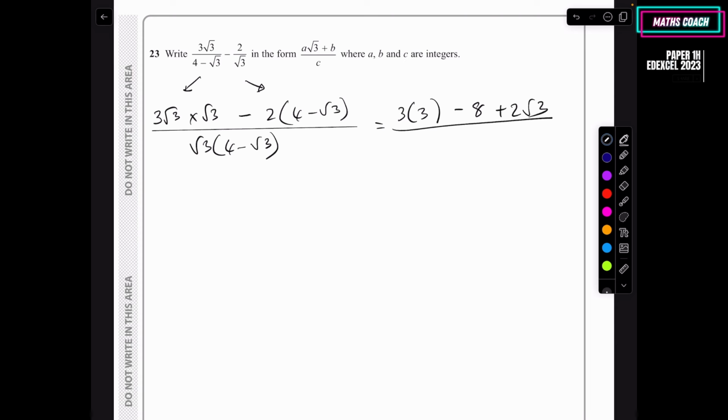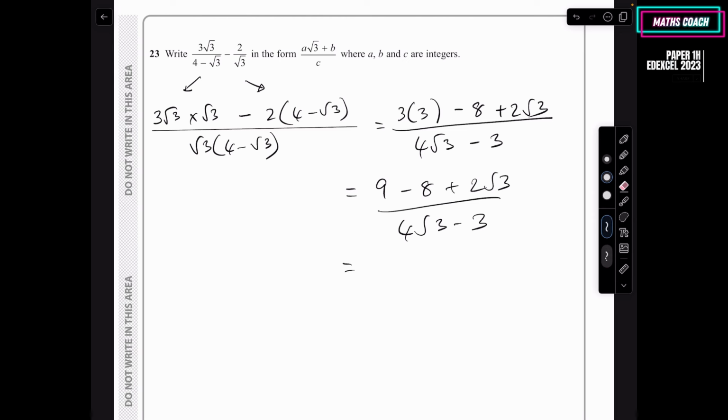On the bottom, we have 4 root 3 minus 3, and then if we now calculate the tops, that's 9 minus 8 plus 2 root 3. The bottom can stay as it is for now. 9 minus 8 gives us 1, so we get 1 plus 2 root 3 over 4 root 3 minus 3.